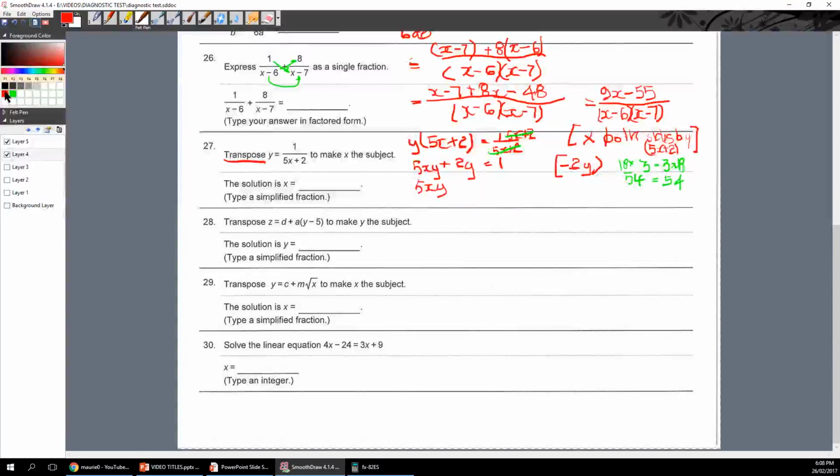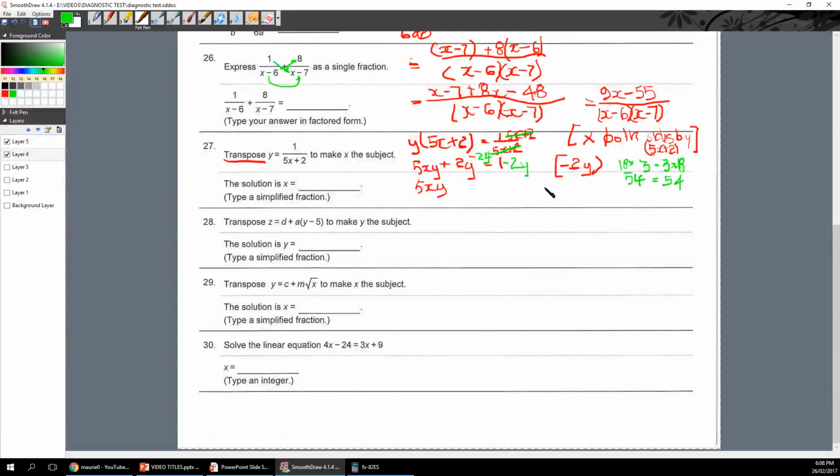I'll just do that in green as well. Minus 2y. Looks like 24, doesn't it? But it's actually a y. And then equals 1 minus 2y.